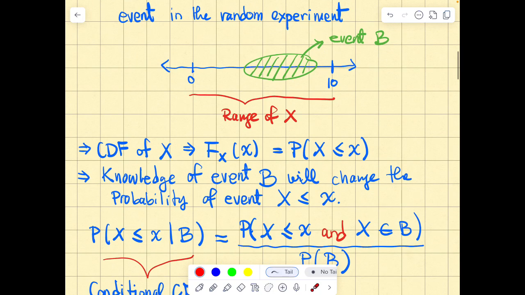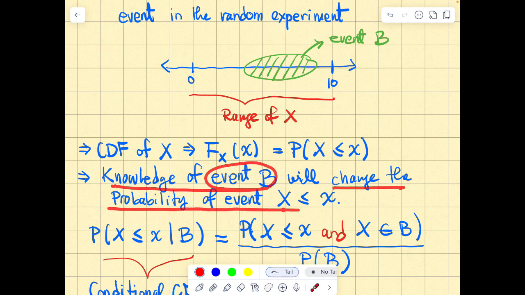So how do we determine the CDF of this random variable X given this event B? If you recall, the CDF, or cumulative distribution function, of X is the probability that random variable X is less than or equal to some number x. With the knowledge of event B, this changes the probability of this event.